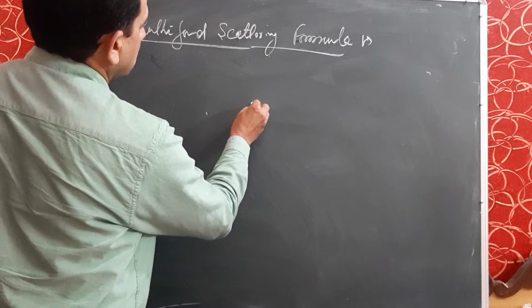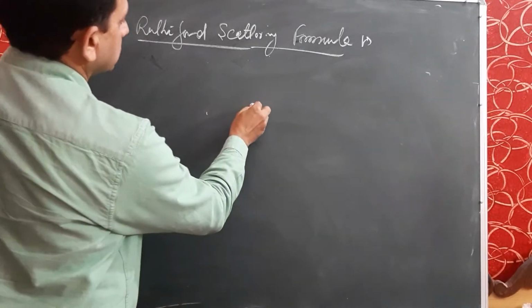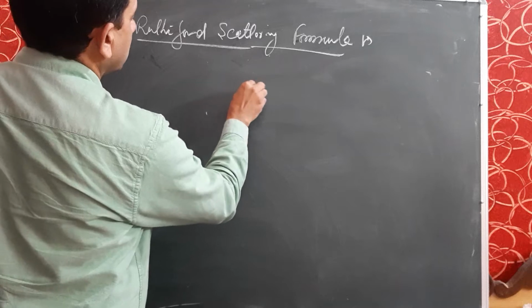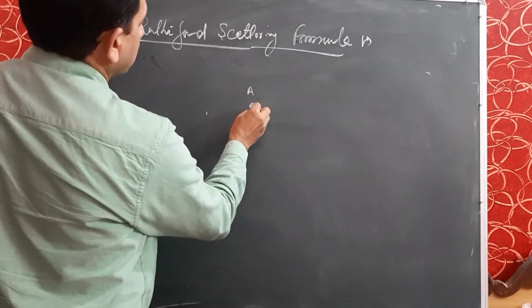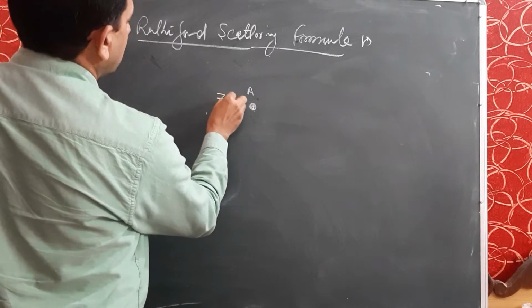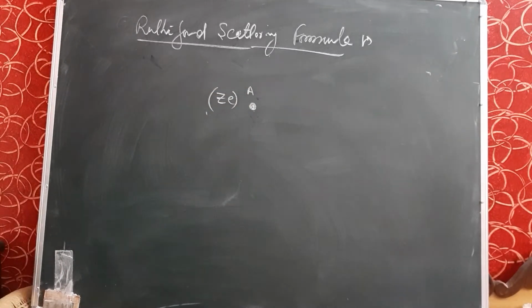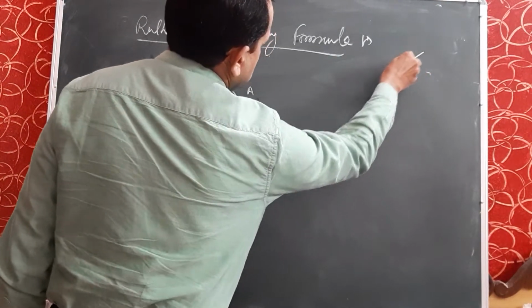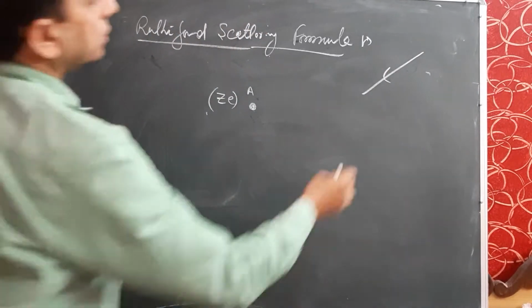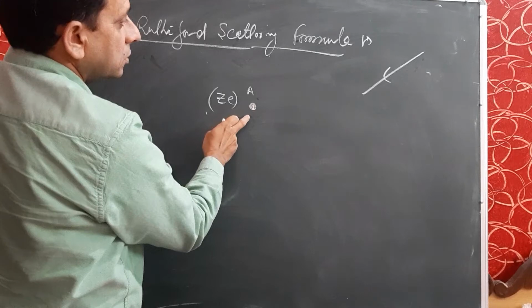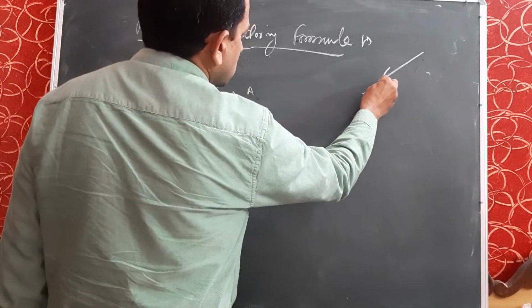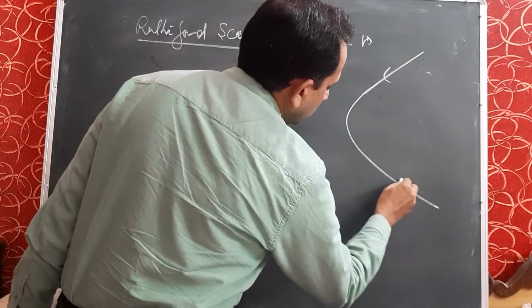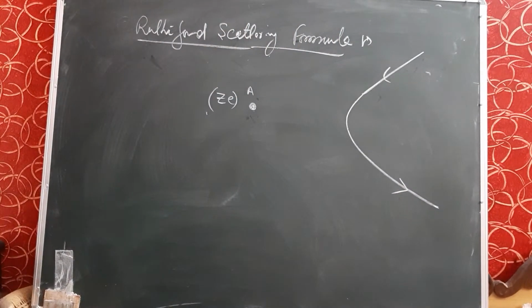So, let the first particle, that is the heavy nucleus, be placed at this point A. The charge on the nucleus is Ze. You know that e is the charge and Z is the atomic number. So, Ze is the total charge on the nucleus, and the alpha particle is coming from this side towards this particle, but it will scatter due to the force of repulsion by the nucleus.